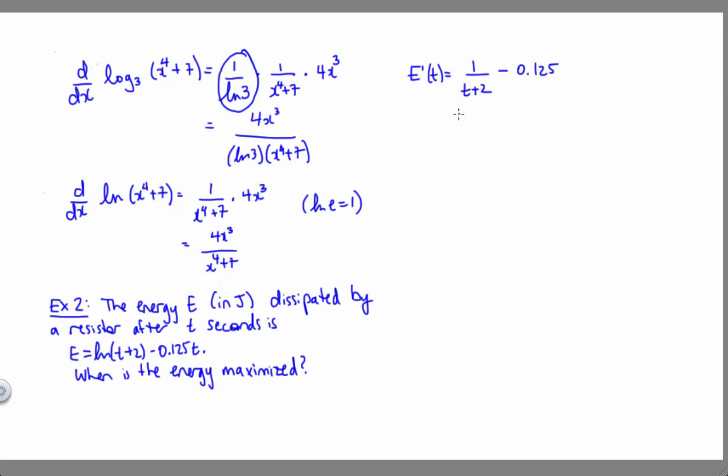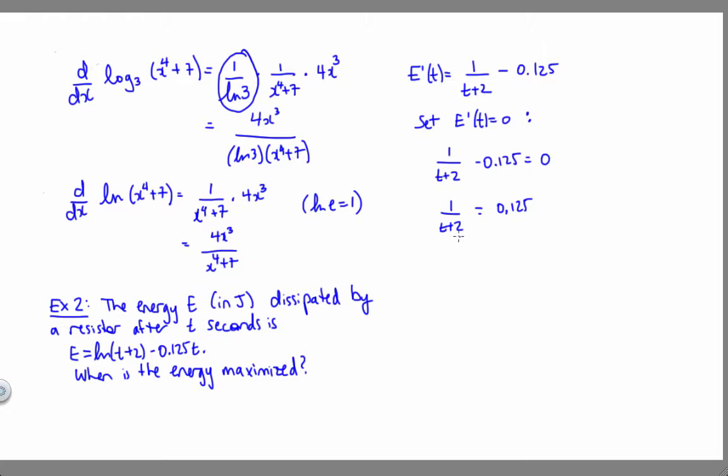Now we're going to set E prime of t equal to 0. By setting that equal to 0, we're going to be finding critical points. So 1 over t plus 2 minus 0.125 is equal to 0. And at this point, we'd like to solve for t. The easiest way to do this would be to move the decimal over to the right side. So we've got 1 over t plus 2 is equal to positive 0.125.